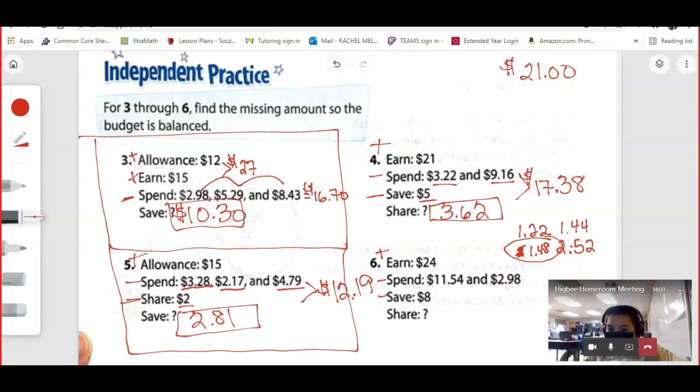So if you did that math work on your own and you didn't use a calculator and you did not get $1.48, then my suggestion to you today is you can still do the work on your own, but double check with your calculator. Okay? I don't want you to get the wrong answer today because you did not do the math correctly. Does that make sense? Okay, so let me pause.